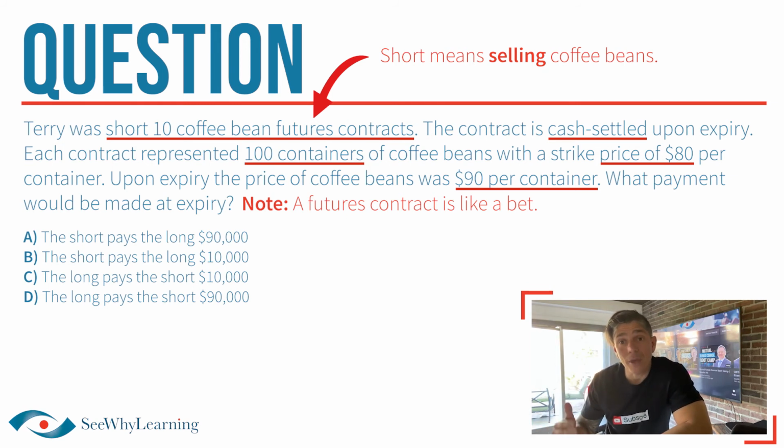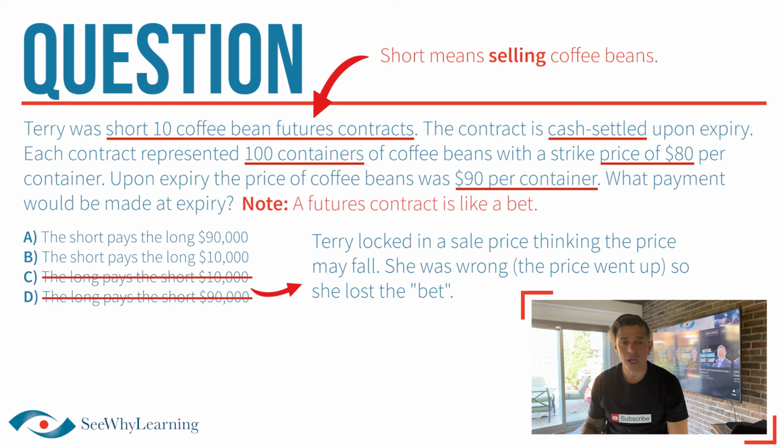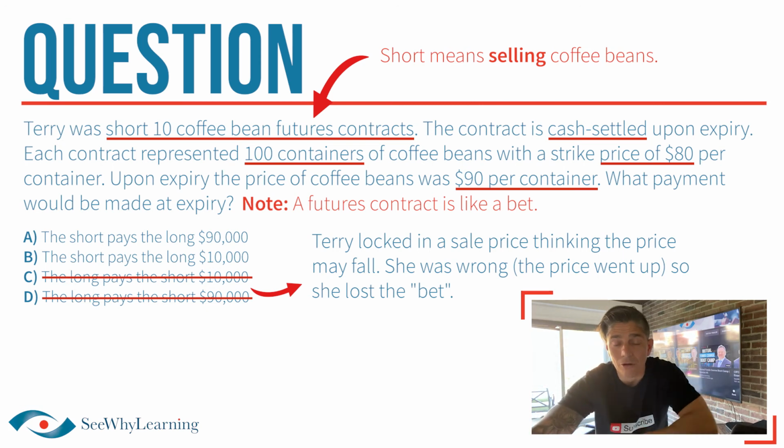So she's going to have to make a cash payment for the difference in price to the other party. So with that knowledge alone, we can instantly eliminate C and D, right? We know that Terry lost the bet and she's the short, so she is going to have to pay the long. So right away, we've narrowed it down to the answer being either A or B.